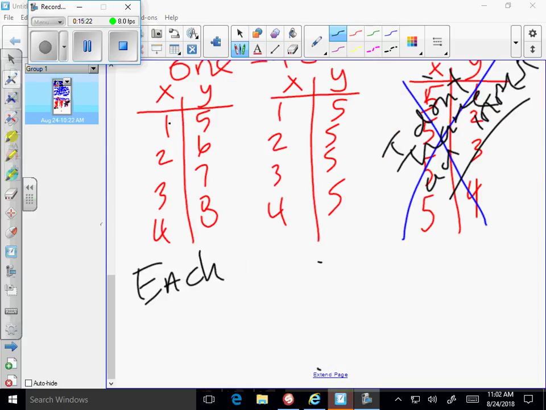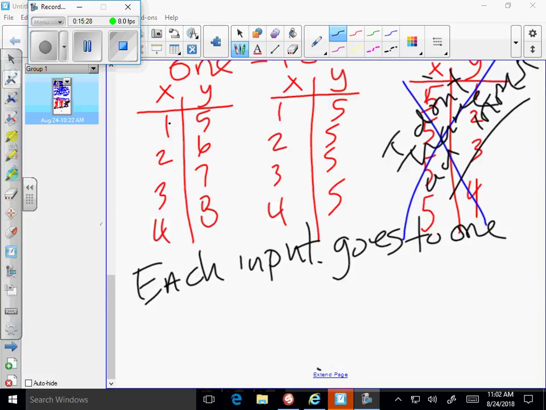Each input goes to one output. That was our definition of function.